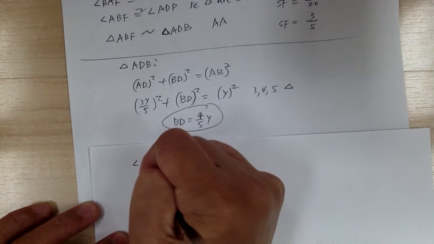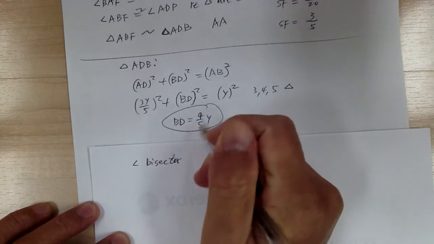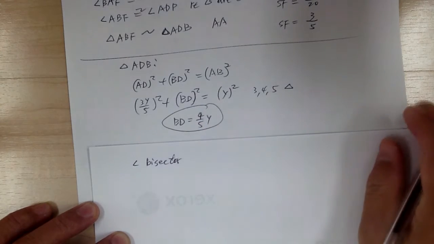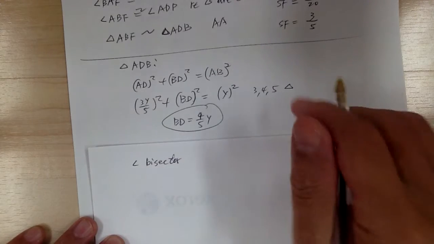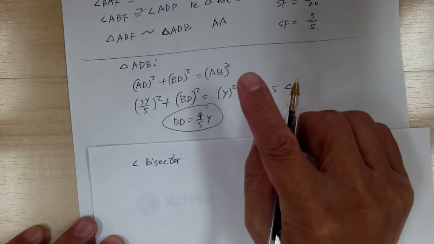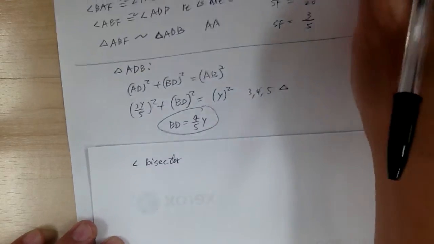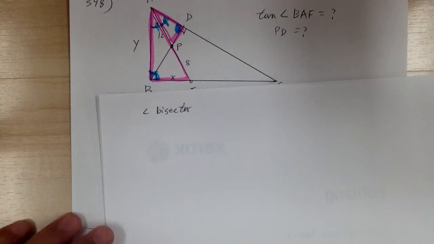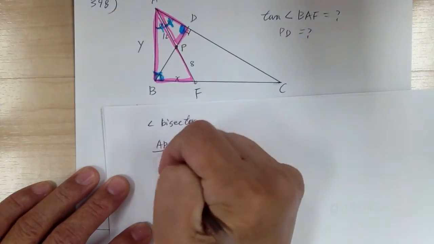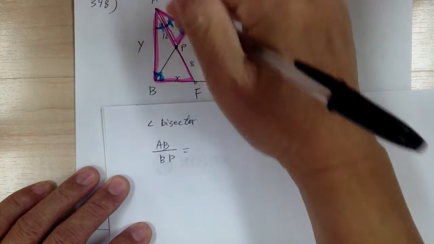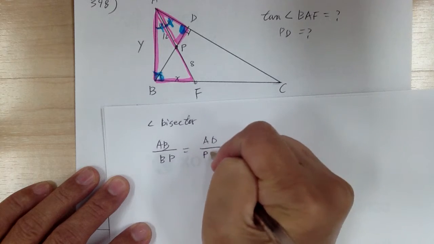For the angle bisector theorem, you're going to have AB over BP equal to AD over PD.